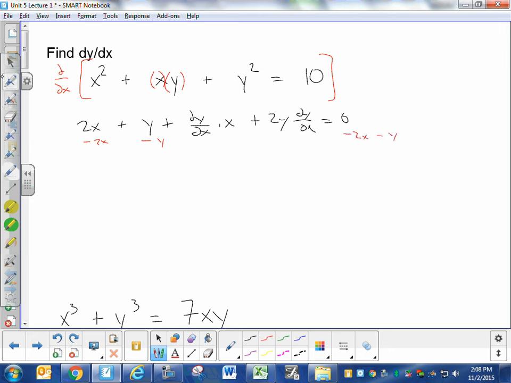Then move everything without a dy/dx onto the other side. Factor out a dy/dx, divide to solve.